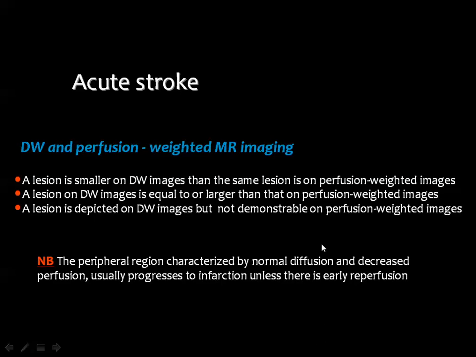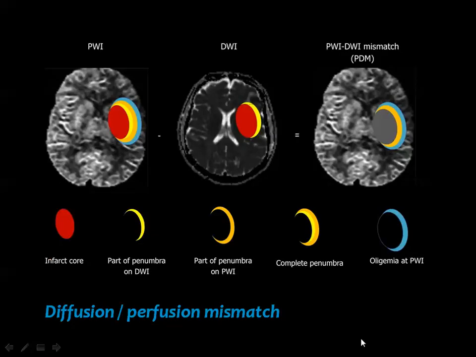And this is what we call the diffusion perfusion mismatch. Diffusion perfusion mismatch means that there is a lesion in the diffusion weighted images which does not correlate with the perfusion weighted images. Either the DWI shows a bigger lesion or a smaller lesion, or there is no lesion in the diffusion weighted images, and it is seen in the perfusion weighted images.